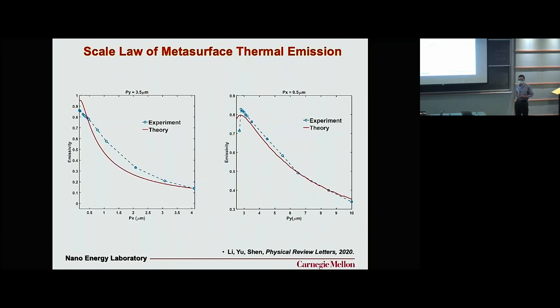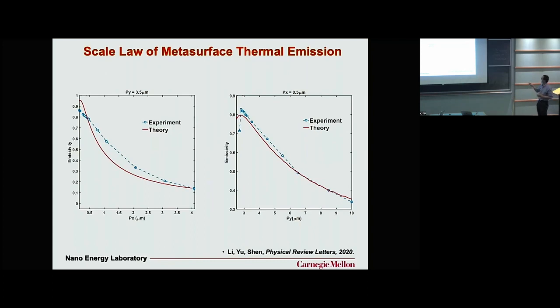We can also compare with our scaling law introduced in the previous slides. Once we fix the period in the y direction equal to 3.5 micron, but vary px, you can see when we reduce px, that means we pack more nanowires in the metal surface, and we do observe the increase of the emissivity.